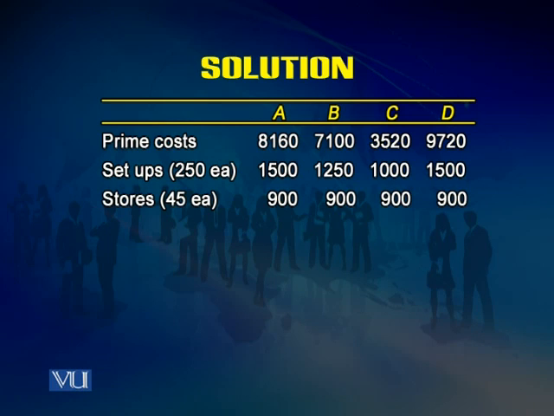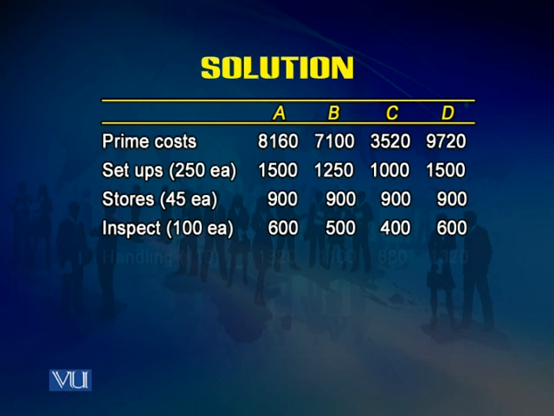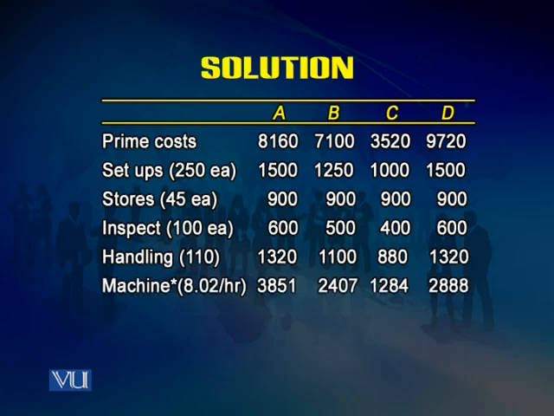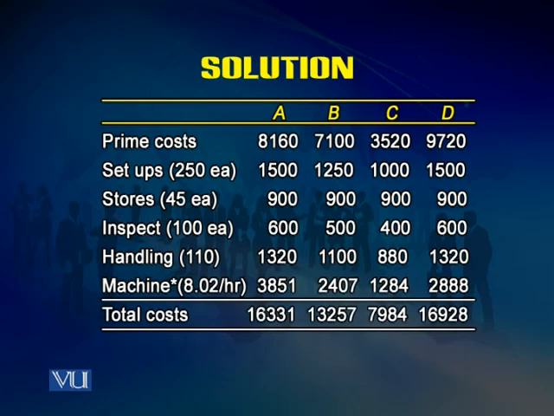For stores, in the same way, the rate was 45 for each requisition. We were told that the number of requisitions for each product is 20, and therefore 900 is allocated to all the products. And in the same way, for inspection, handling, and machines, to give us the total of the overhead that has been allocated.